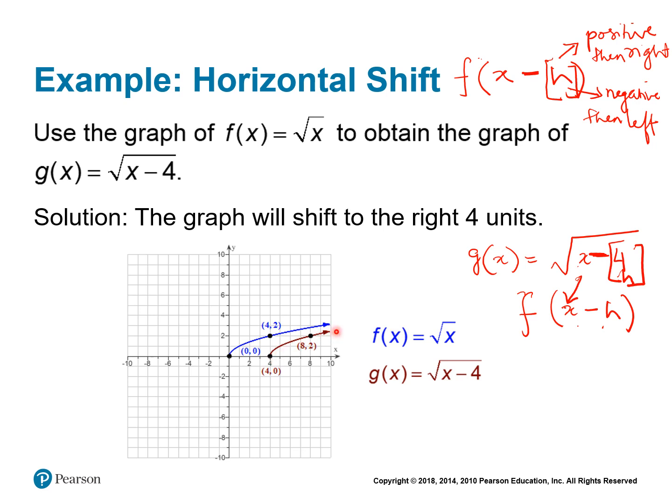All right, why? Because once we rewrote our function in the form of horizontal transformation, we found h was a positive value and the graph shifted 4 units to the right.